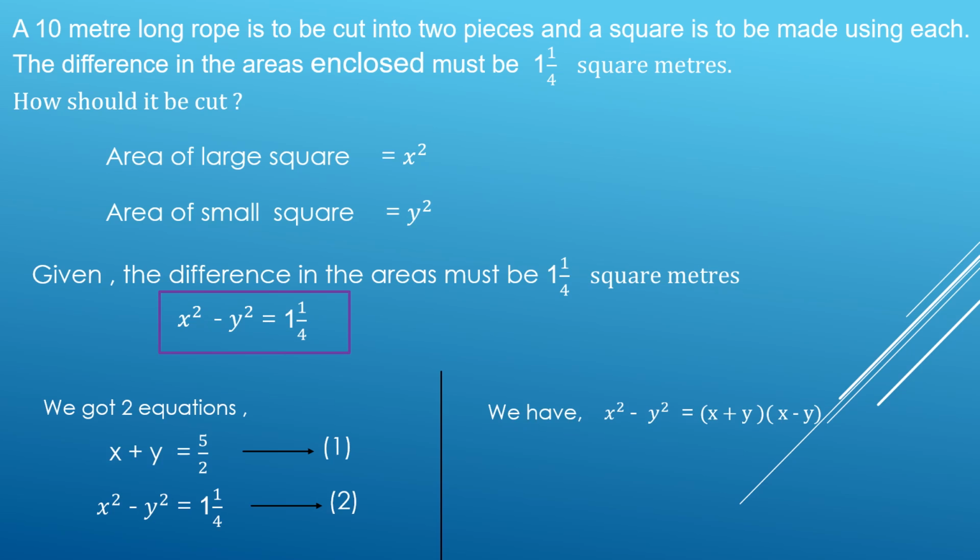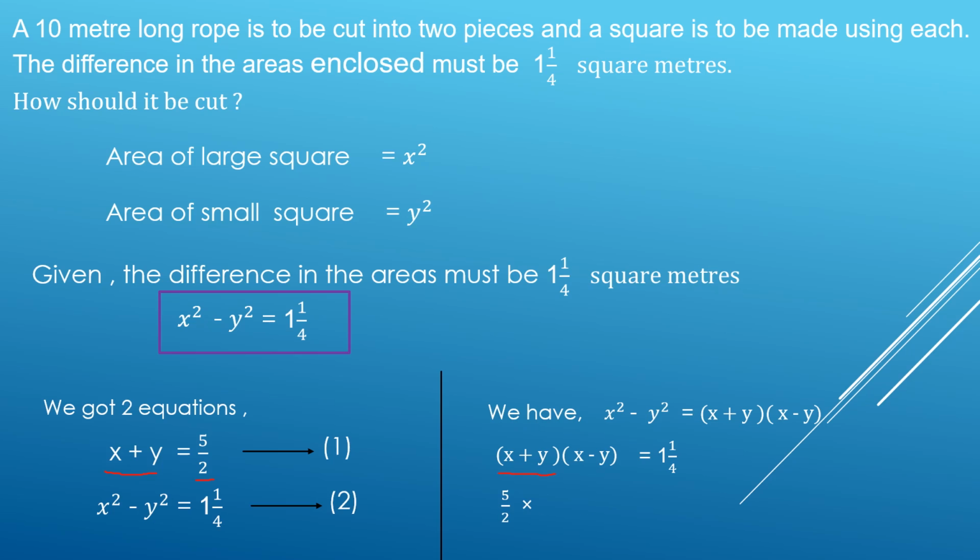Yes, we have the identity. x square minus y square equal to x plus y into x minus y. Then equation 2 changes to, yes, x plus y into x minus y equal to 1 by 4, isn't it? So what is the next step? You will replace this x plus y with 5 by 2.